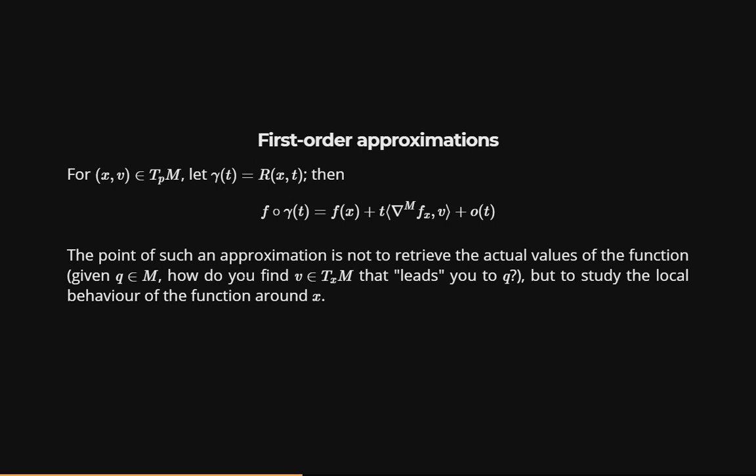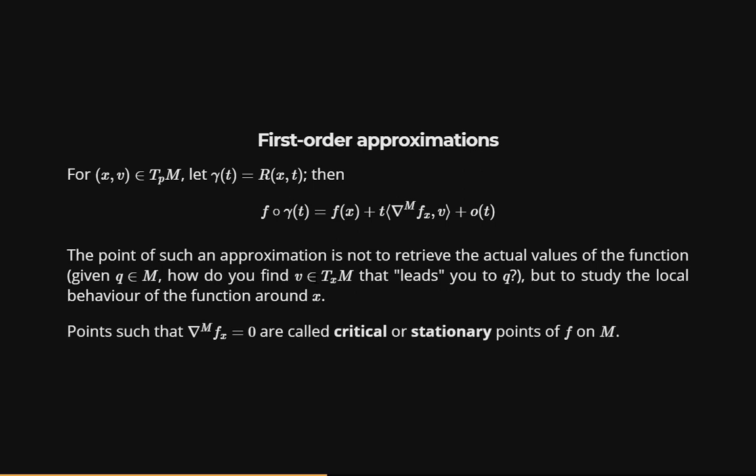What you know is that if you stay close enough to the point, you reach every other point because it's a local diffeomorphism. So you can study a local behavior of the function.